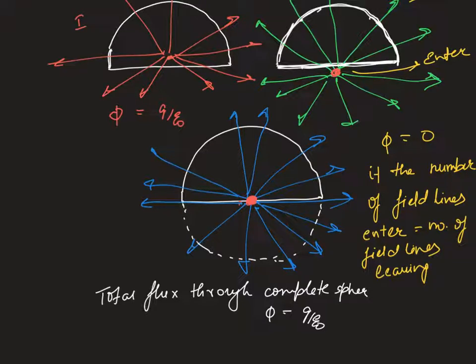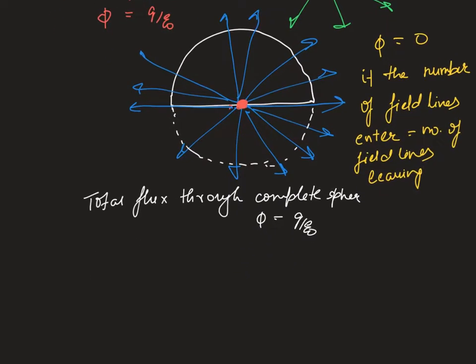But we know that half of them are passing from this hemisphere and the other half are passing from this hemisphere. So we can very easily say that the flux through the hemisphere is q by 2 epsilon naught.